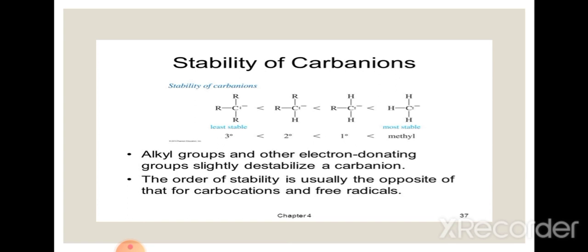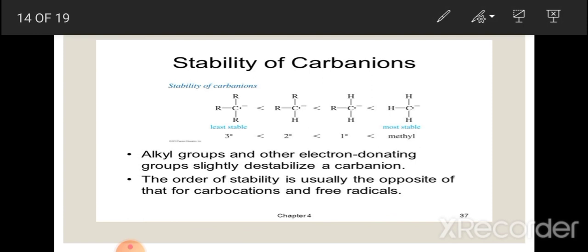If we talk about the stability of carbanions, the order of stability of carbanions is reverse to that of carbocations and free radicals. Stability of carbanions decreases in the order primary, secondary, then tertiary.